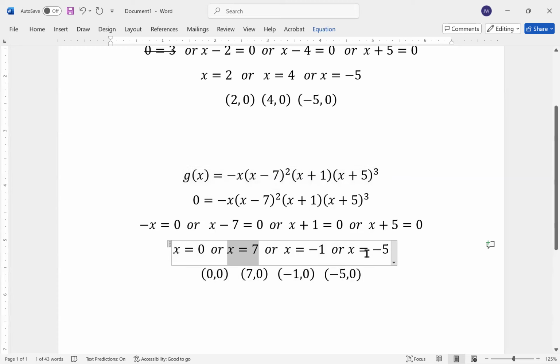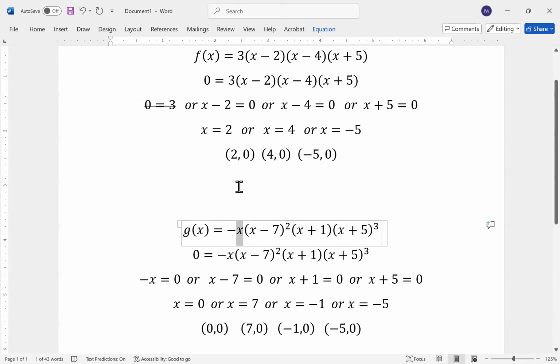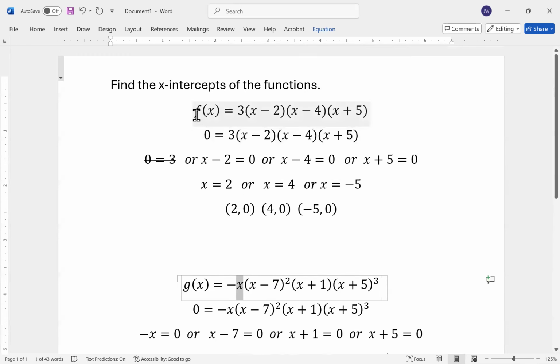And the 0 of negative 5 has multiplicity 3 because the factor of x plus 5 showed up 3 times. Negative 1 would have multiplicity 1 because that factor just showed up once. 0 has multiplicity 1 because that factor just showed up once. In my previous function, this would have been a degree 3 function if I'd have multiplied it out. And we can see we end up with 3 x-intercepts.